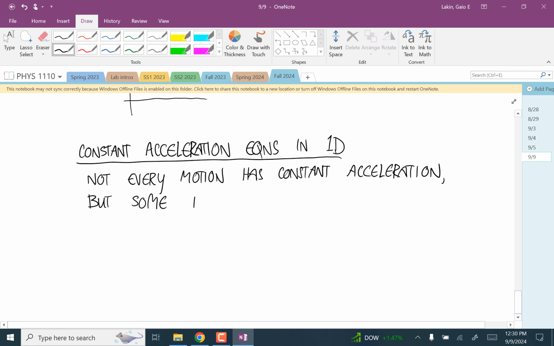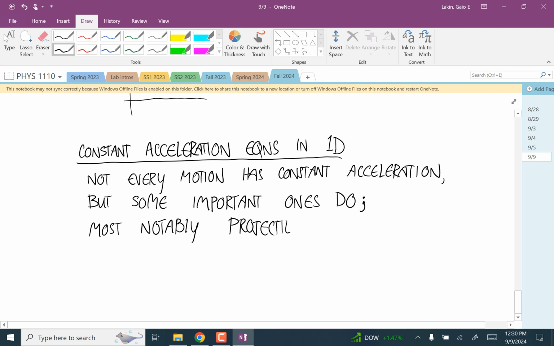So let me say, but some important ones do. And the most notable constant acceleration motion, let me say, most notably, projectile motion and free fall, as long as the air resistance isn't too significant.